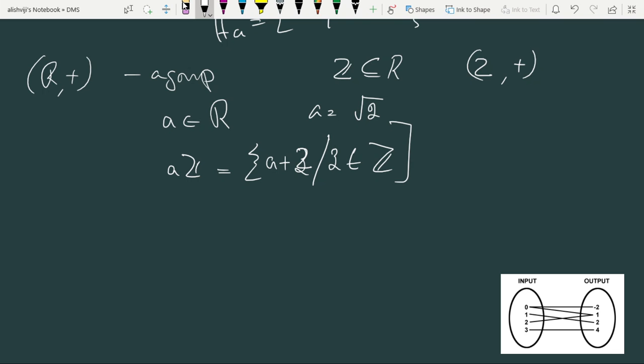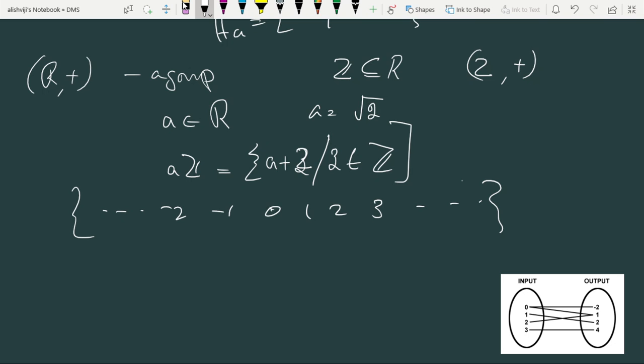Capital Z contains the elements like 0, 1, 2, 3, etc., and minus 1, minus 2, etc., from minus infinity to plus infinity.